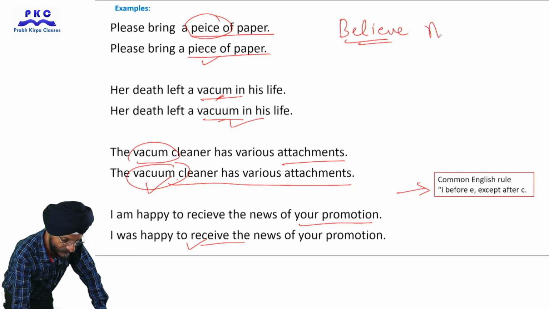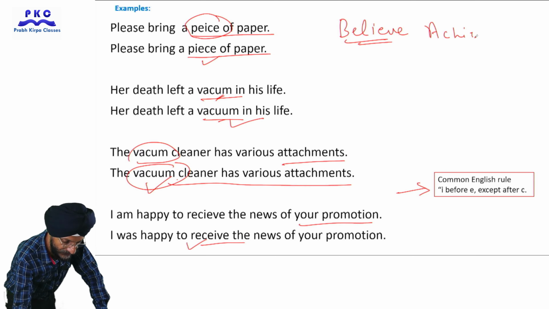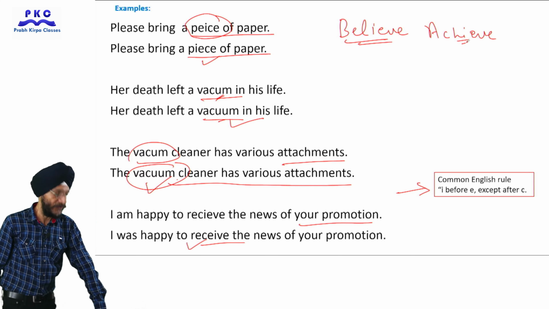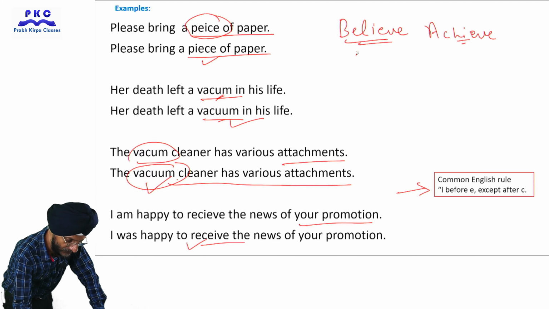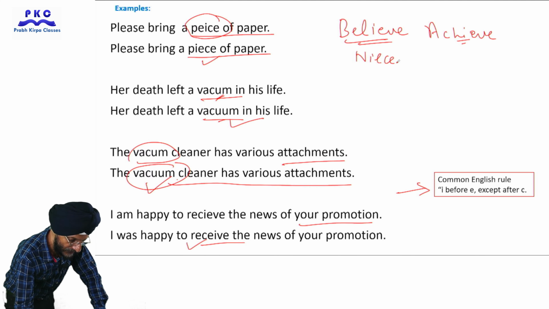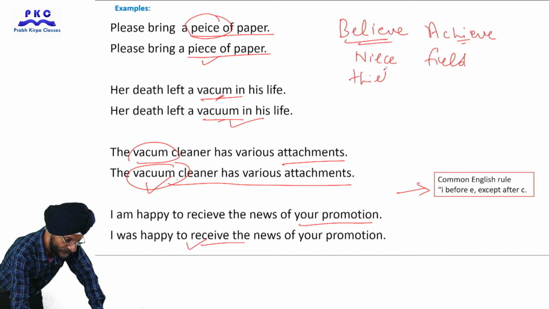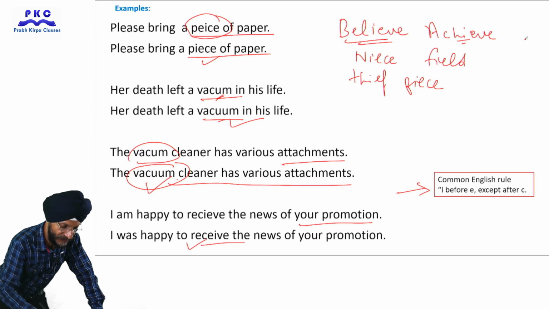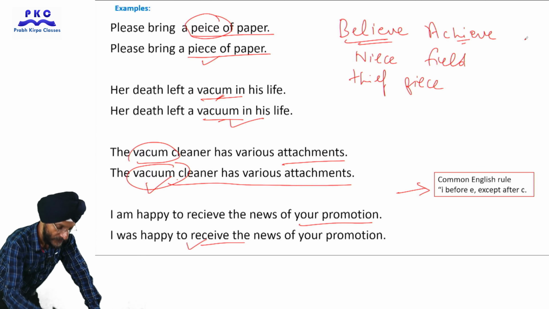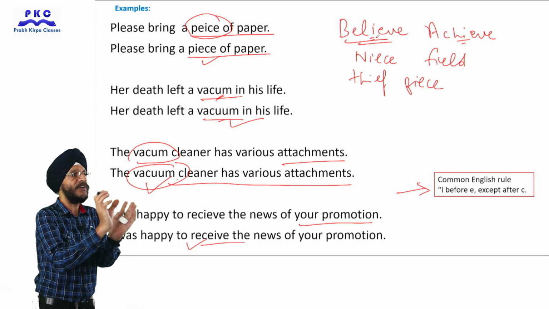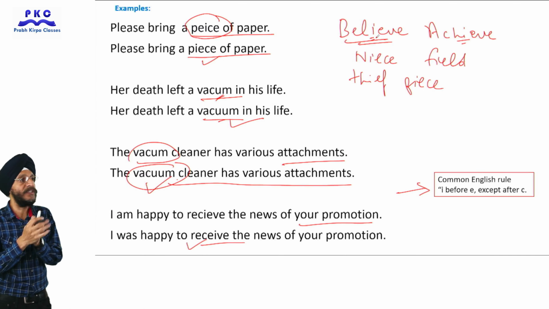Again, achieve, ACHIEVE. Here again, I has come first. Then there are other words like niece, field, thief, and peace. In all these words, I comes first, E comes thereafter.